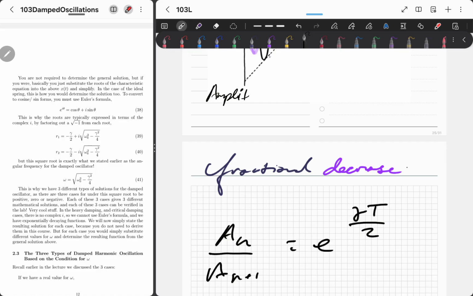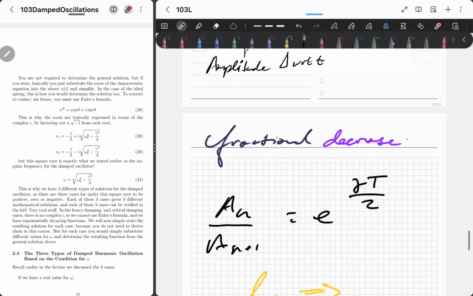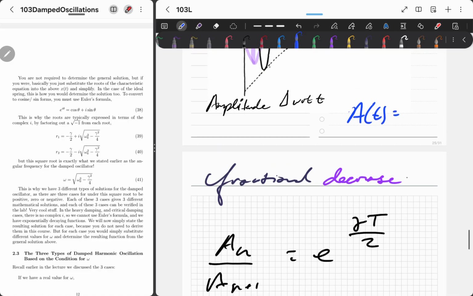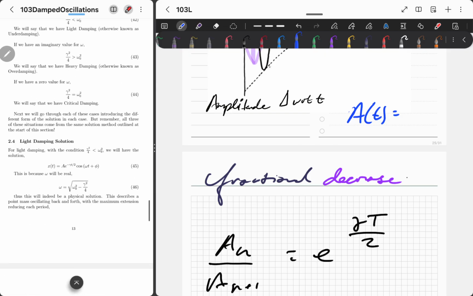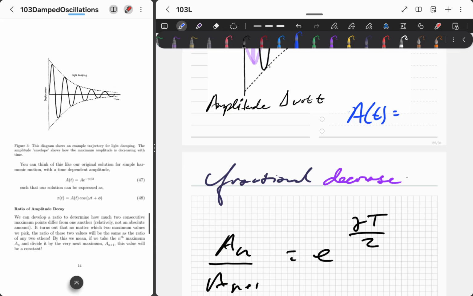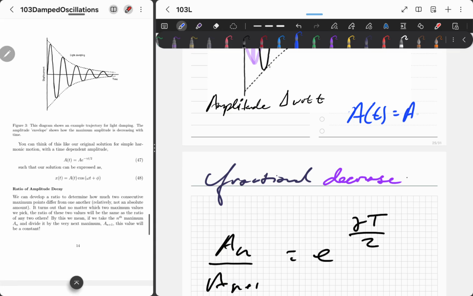When we check out the ratio of one amplitude to the other, maybe I'll go back and we can look at this plot here. Here we're at a maximum amplitude. Look where this little hand is. I'm waving. Nice, thanks for waving back. So here's the maximum amplitude. Here's the next maximum after one full period.